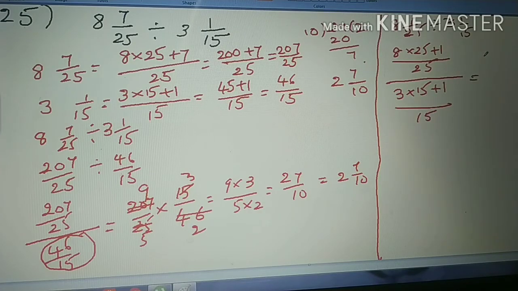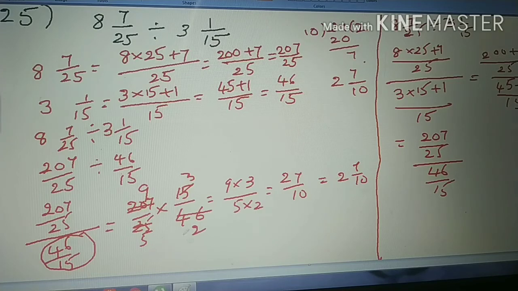What you get here? 200 plus 7. So 207 by 25 divided by 45 plus 1, that is divided by 15. So now how can you convert this one? 207 by 25 is whole divided by 46 by 15.